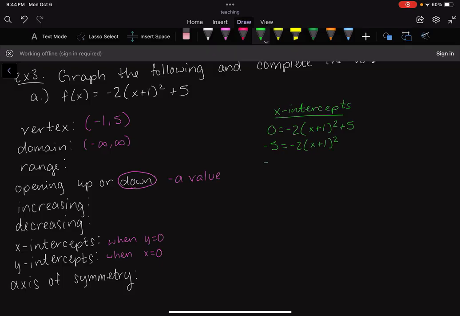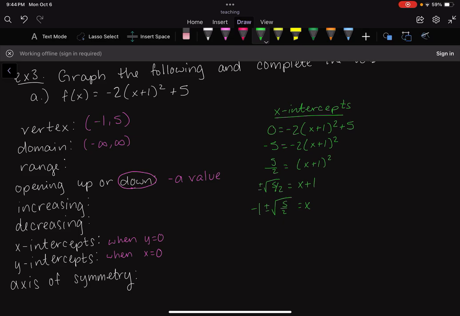Divide by -2, so that's going to give me 5 over 2 equals (x plus 1) squared. Square root both sides, so I get square root of 5 over 2 equals x plus 1. Move the 1 over. Be careful, this is plus or minus. -1 plus or minus square root of 5 over 2 is equal to my x.